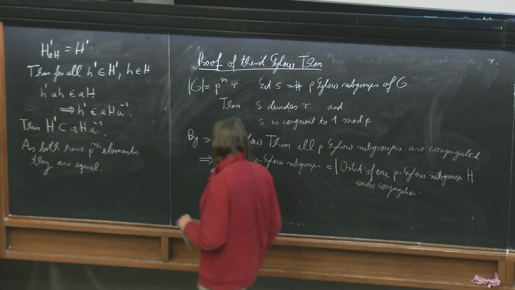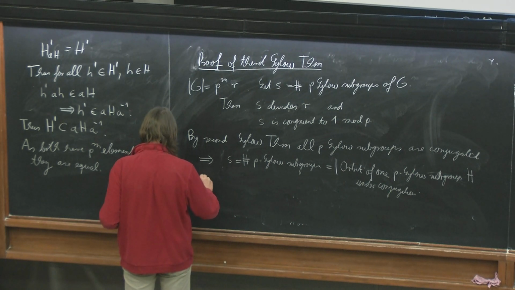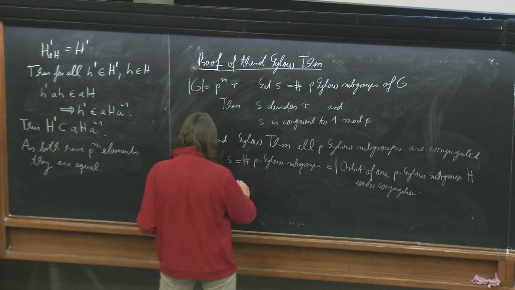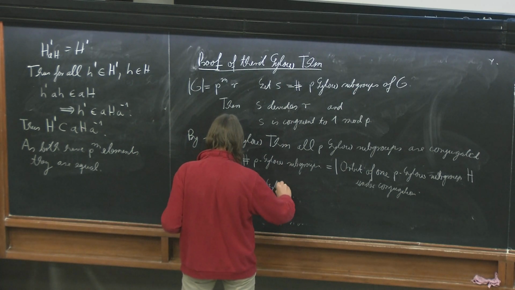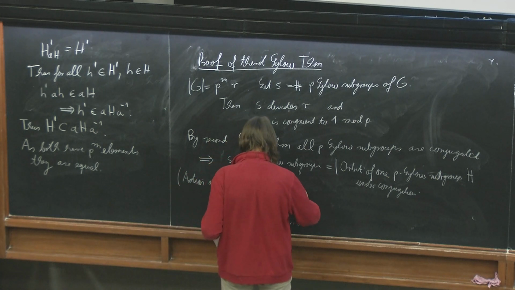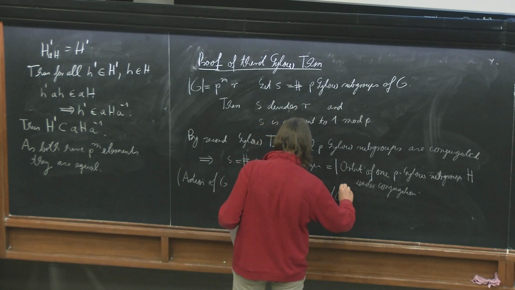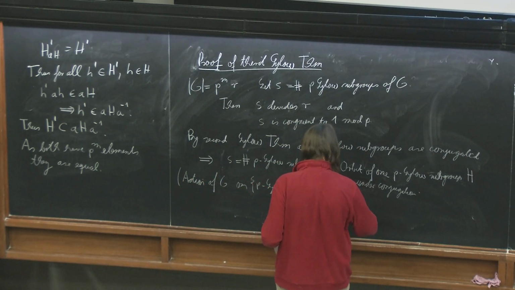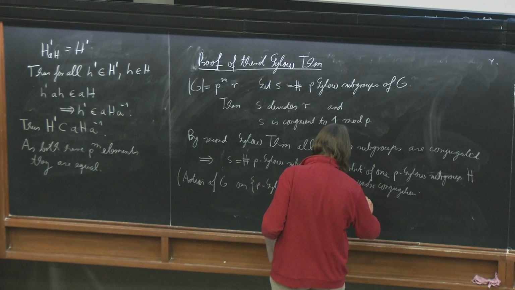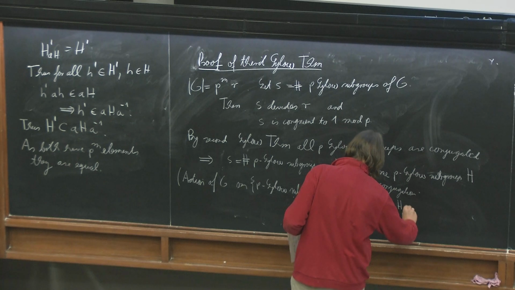No, I mean, just to spell it out, you have an action of G on the set of p-Sylow subgroups of G by sending, so g times the p-Sylow subgroup H is just g H g to the minus 1.